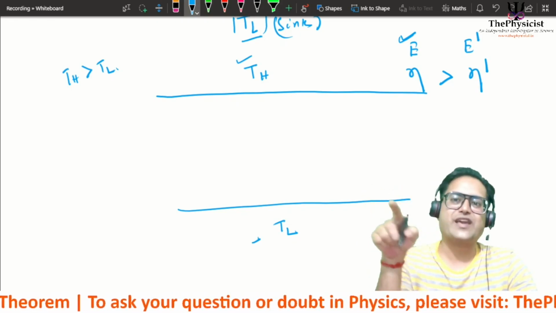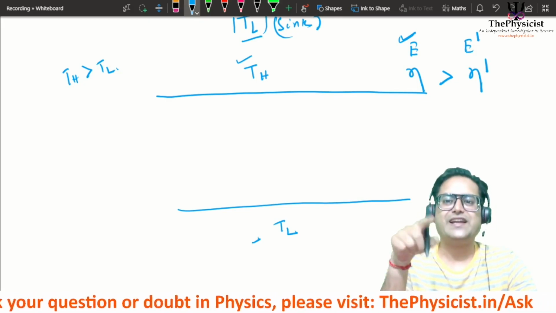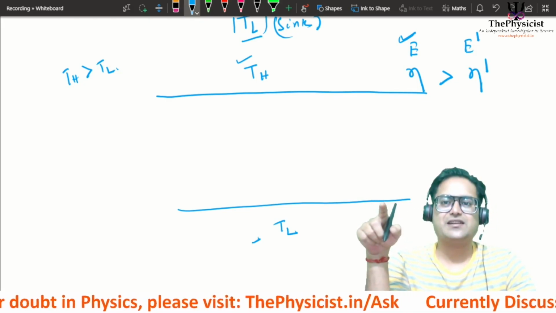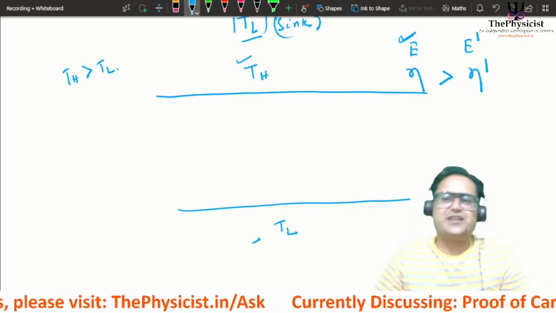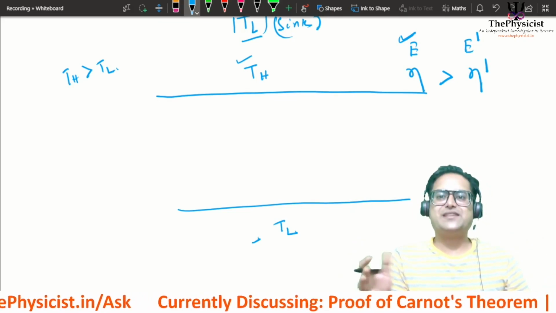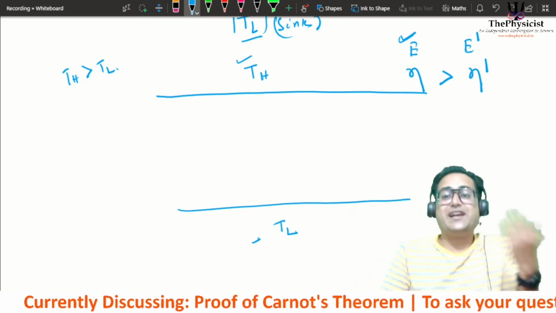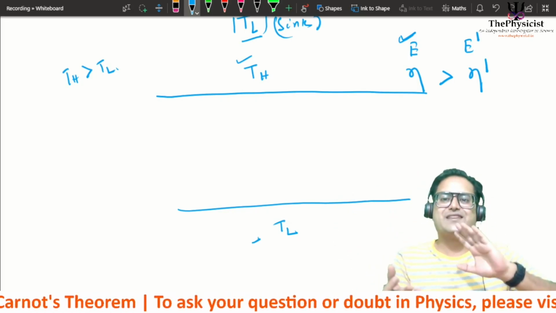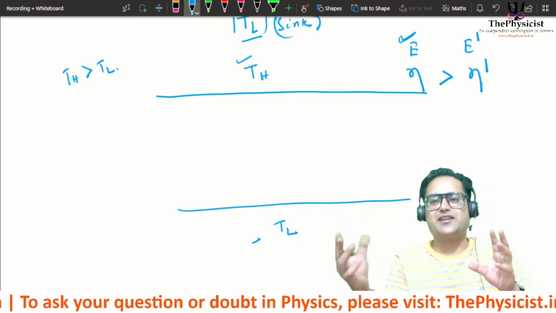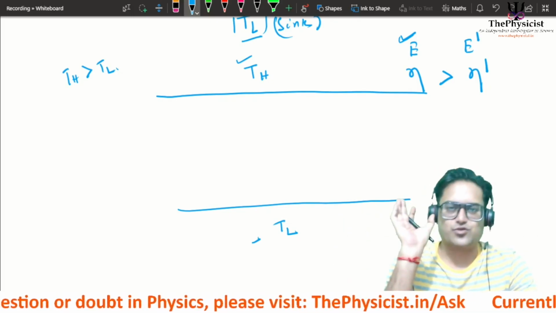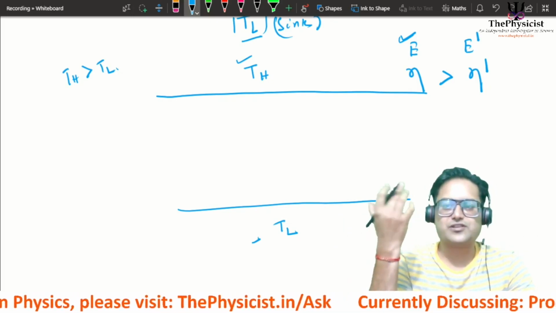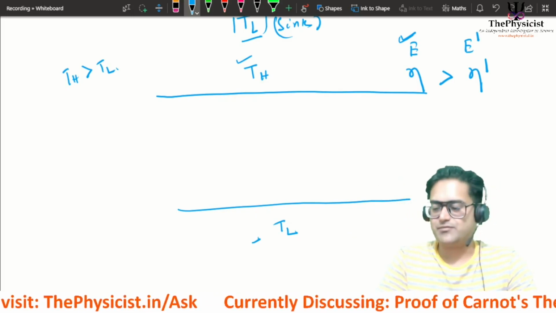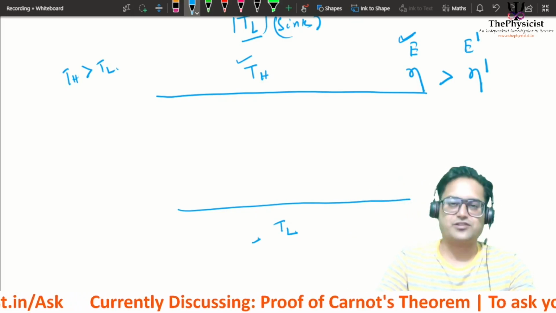Then we have to make sure that eta cannot be greater than eta dash. And then there is no speciality between E and E dash. So basically, if I assume that eta dash is greater than eta, then also I will have an impossible conclusion. So none can be greater than the other. Both of them have to be the same. That's the conclusion. It's the method of falsification. The proof is based on the method of falsification.